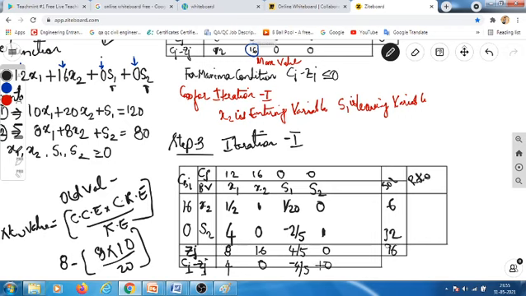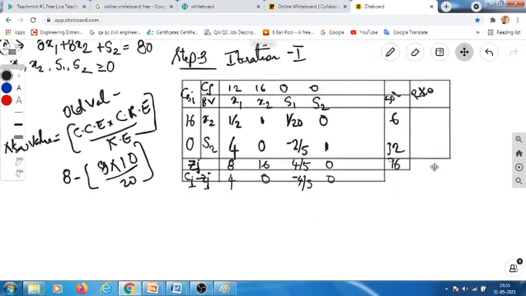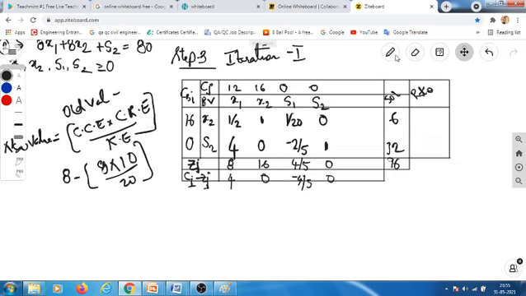For the maximum condition, Cj minus Zj should be less than or equal to 0. Look over here: we have 4 which is greater than 0. The other three are satisfying, but this fourth one is not satisfying. So again, the maximum value has not been reached.